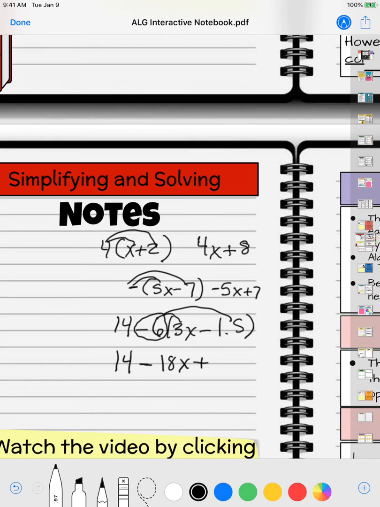So we get 9. And then we're going to combine like terms. So we get 14 and 9, and we add them together, which is 23 minus 18x.